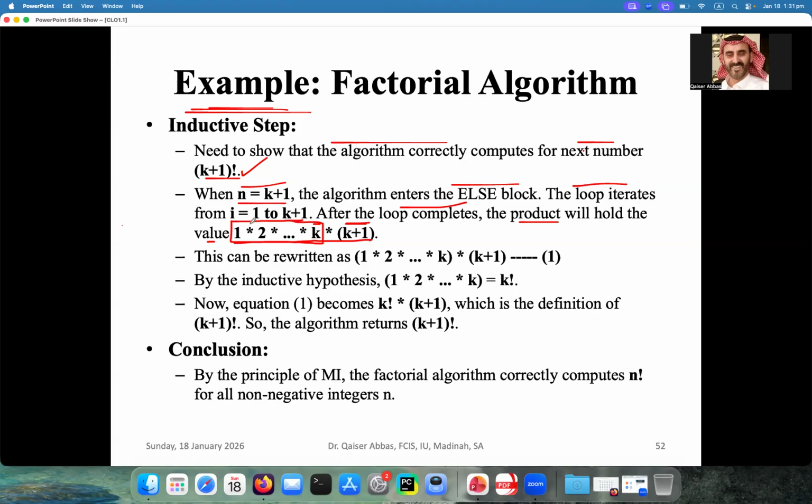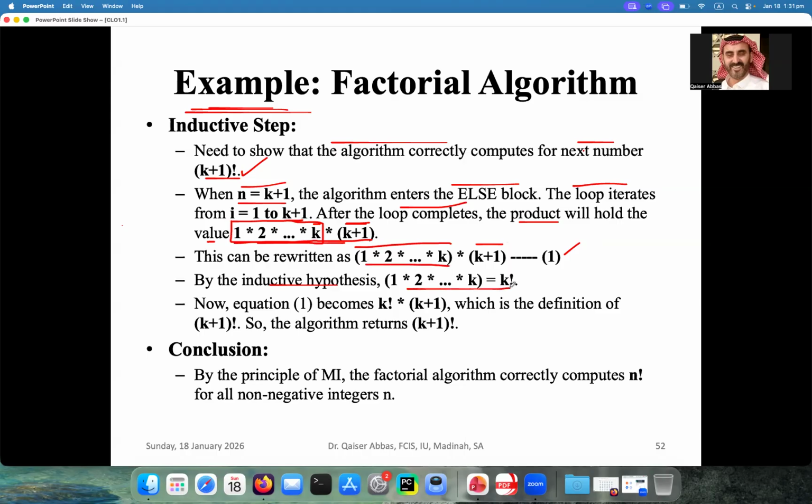And if that was your assumption, in the next step I can write this in that way. I am separating this entity, just mathematically separating, and giving it a label: this is equation 1. Then by using the inductive hypothesis, the previous step where you assumed n is equal to k, this is my k factorial.